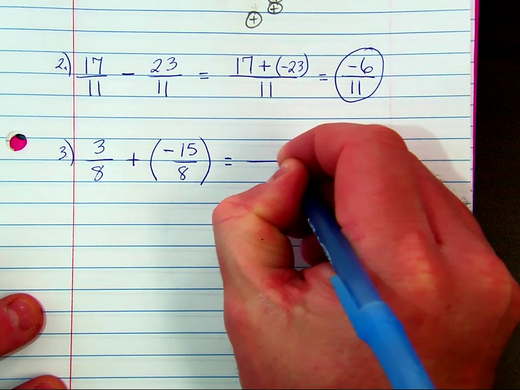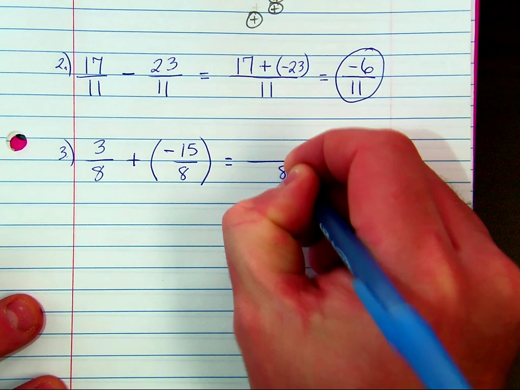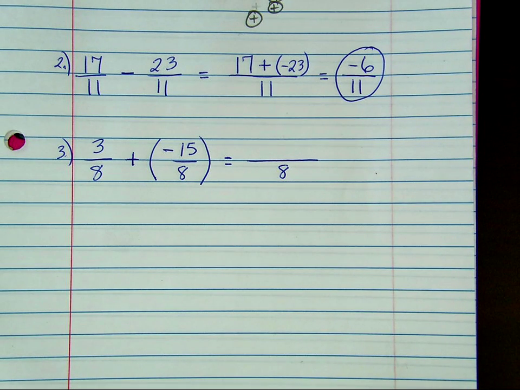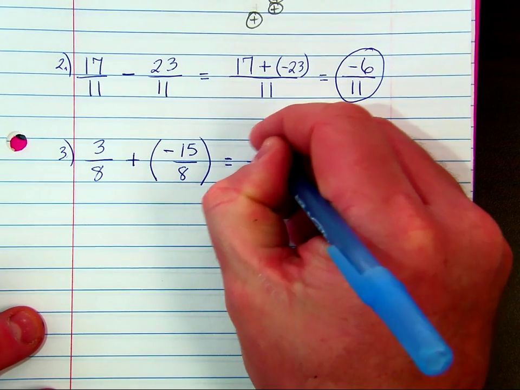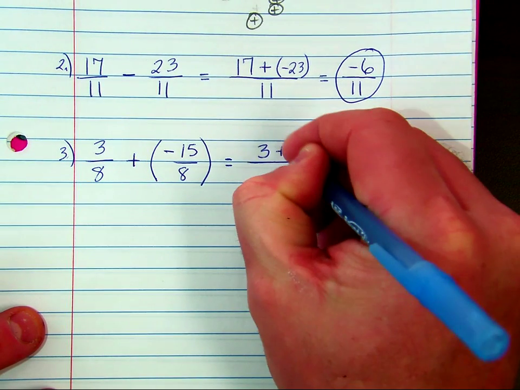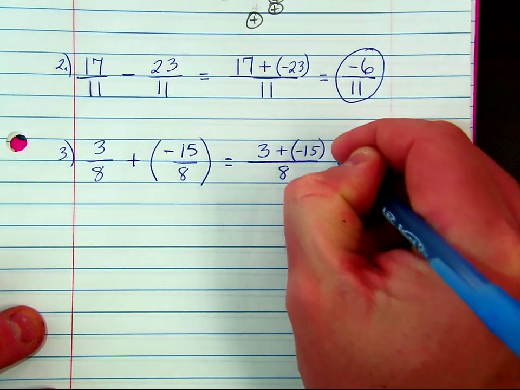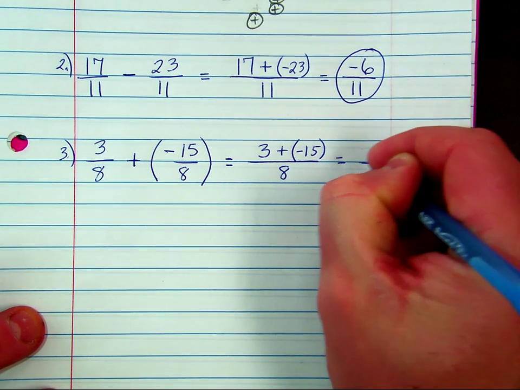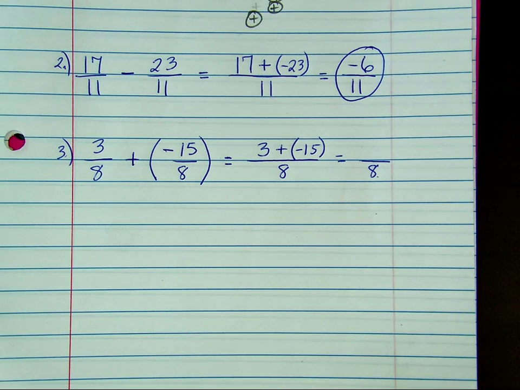The denominator is staying the same. Are we going to be able to do keep inverse? Why not, Seth? It's addition. It's got to stay the same. So we just have 3 plus negative 15. And what's 3 plus negative 15?